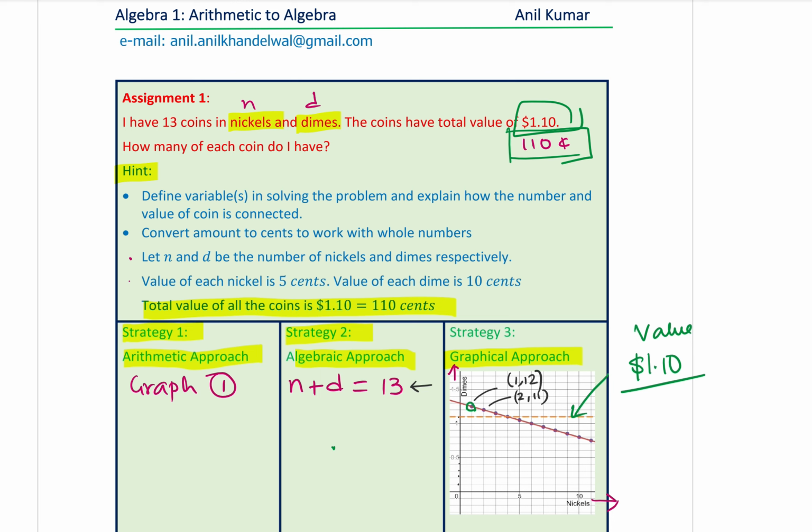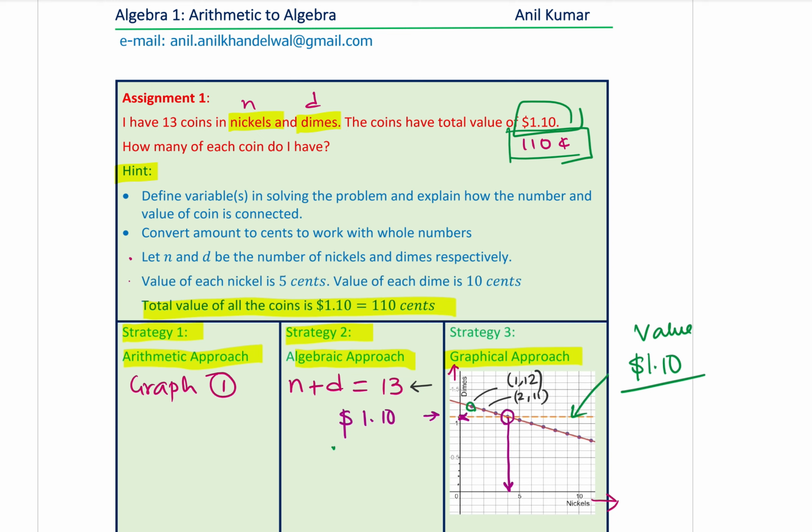You see that this horizontal line intersects the given line at a particular point, which is right there. So that gives you the answer that to get $1.10, the combination is this. Now we know the number of nickels and dimes from the graph.